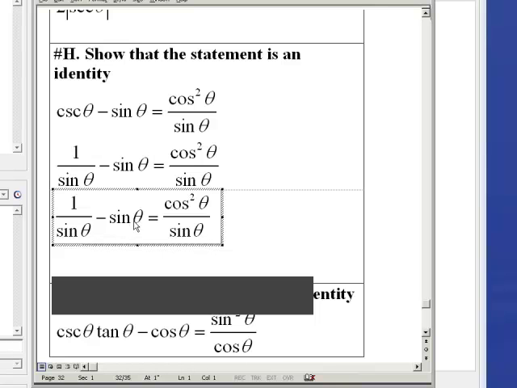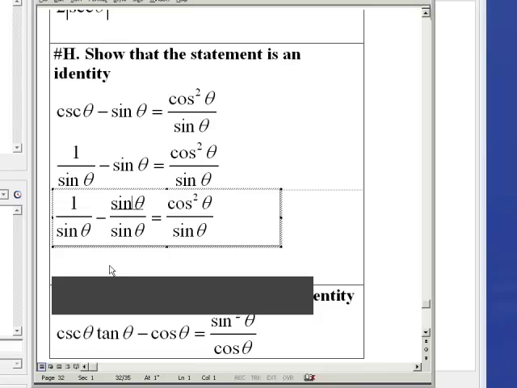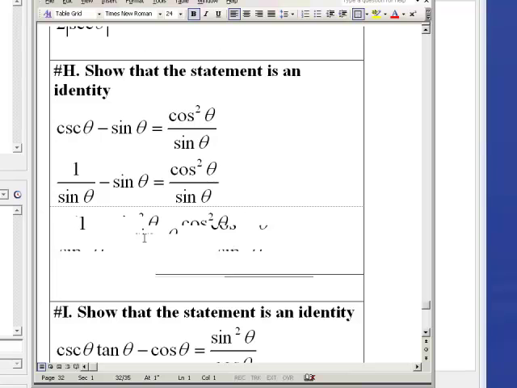So on the left-hand side, what I do is I find a common denominator, which would be sine theta, which brings this one here up to a sine squared over sine. So I'm going to write that one down, as I build this up so that the denominator can show sine.